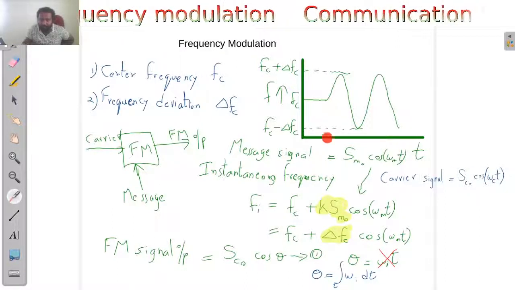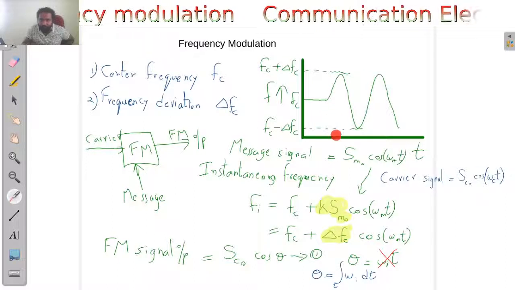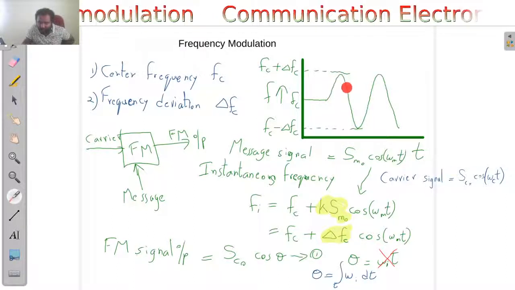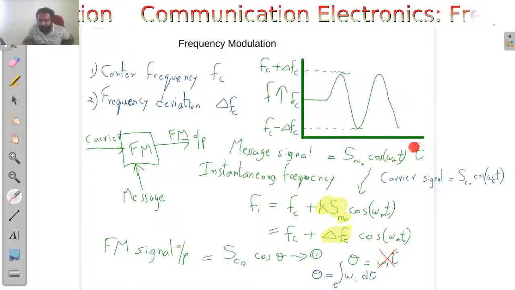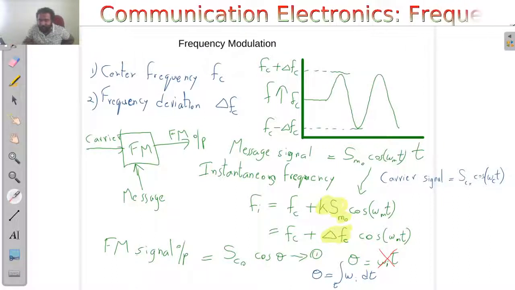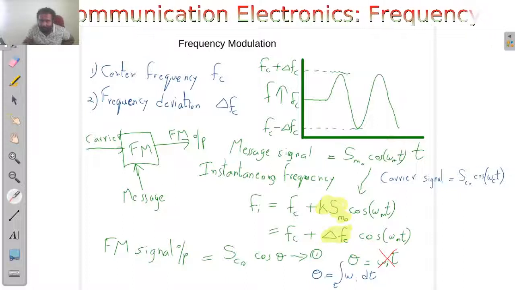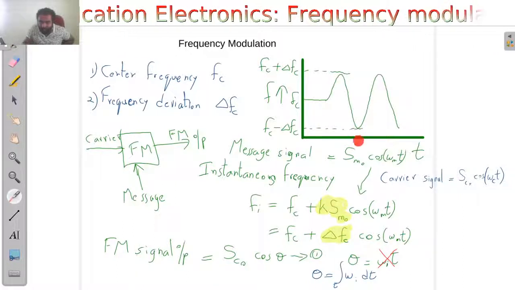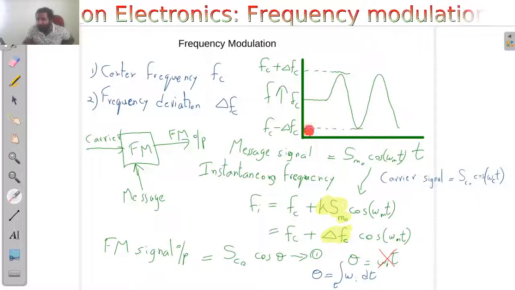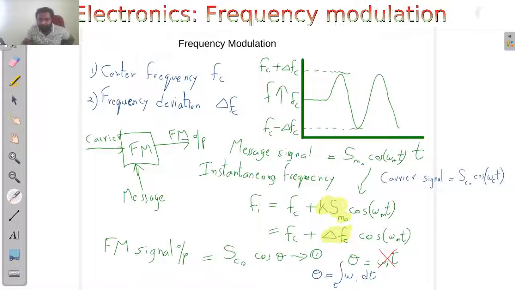So this is one instant, this is another instant. There are a lot of instances happening all across the time scale here. This is your time axis, and a single point can have a projection onto the time axis. The frequency at that point is called the instantaneous frequency.